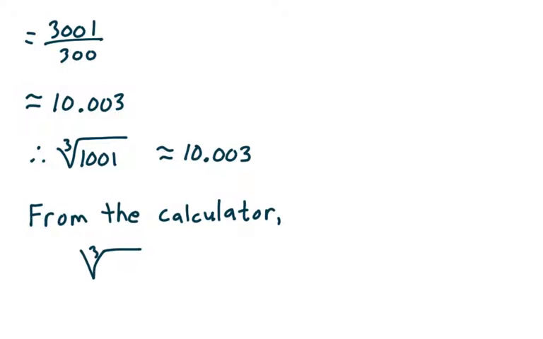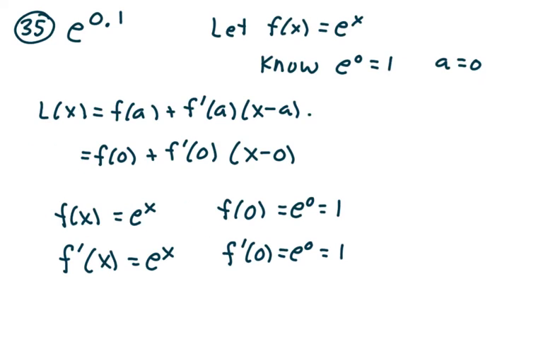The cube root of 1001 is approximately 10.00333, etc. And so you can see that we get a pretty good approximation for the cube root of 1001 utilizing this technique. And that's 33.